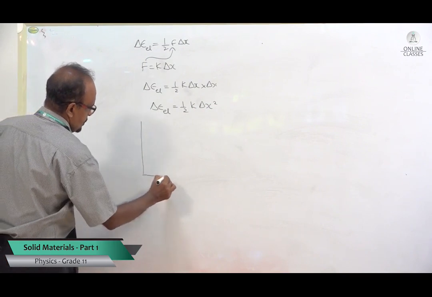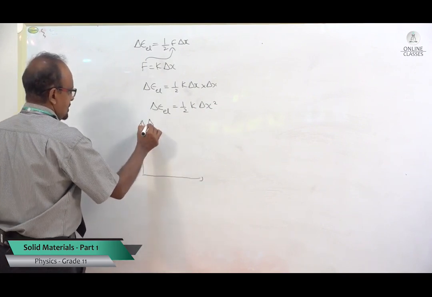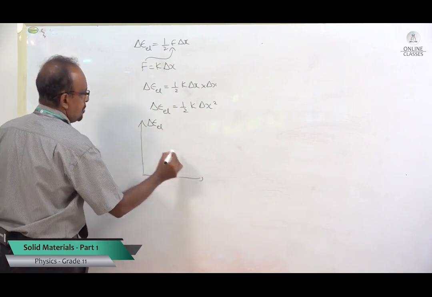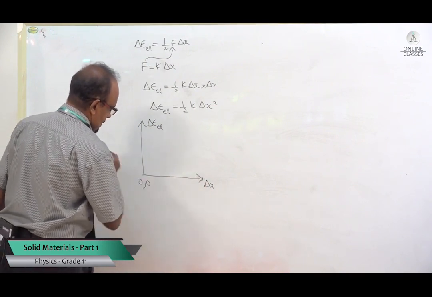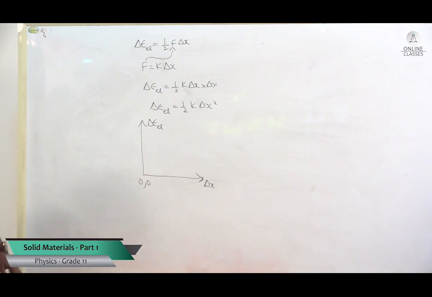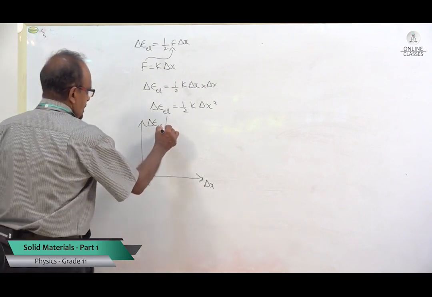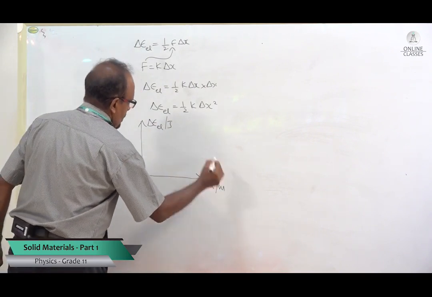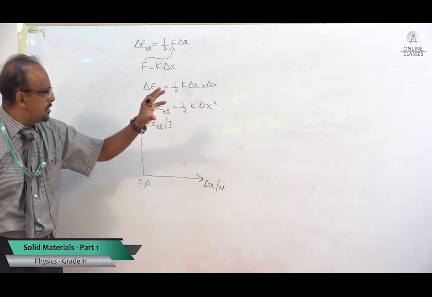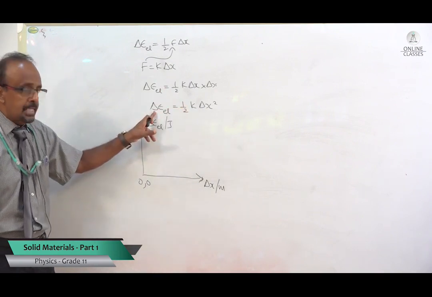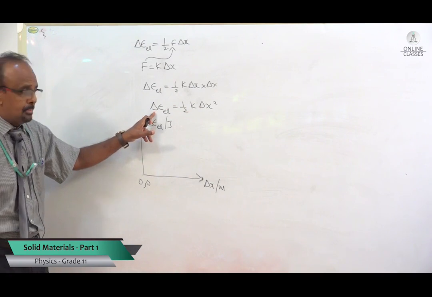If you draw this graph, because sometimes they ask the shape of this graph, what is the shape? You can see elastic strain energy against extension. When delta x increases by a small amount, delta E will increase by a large amount.